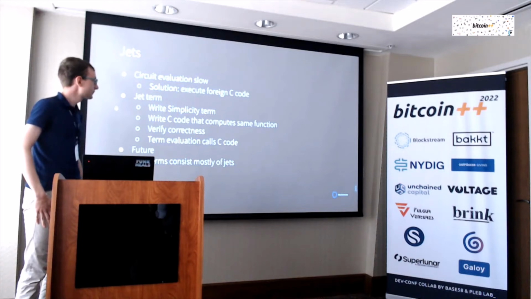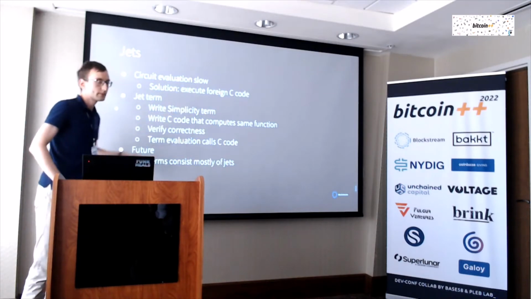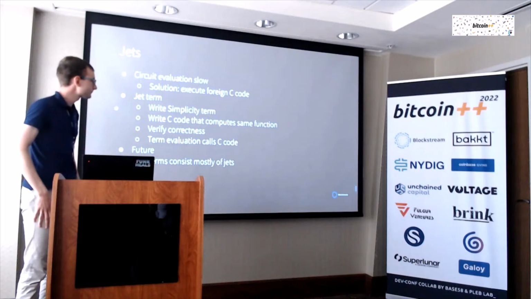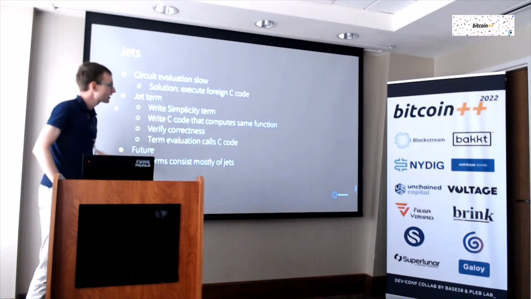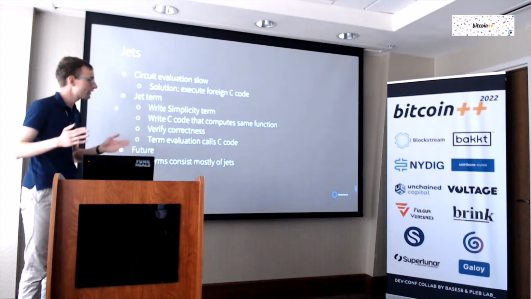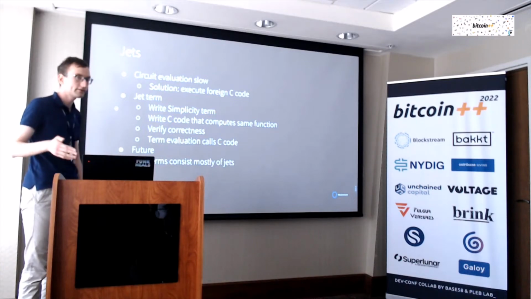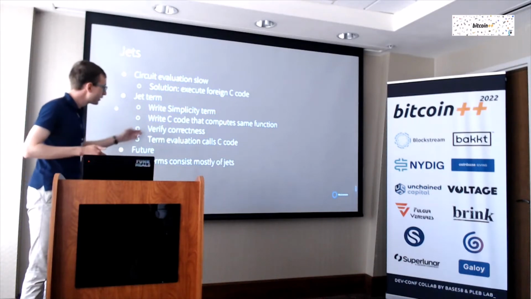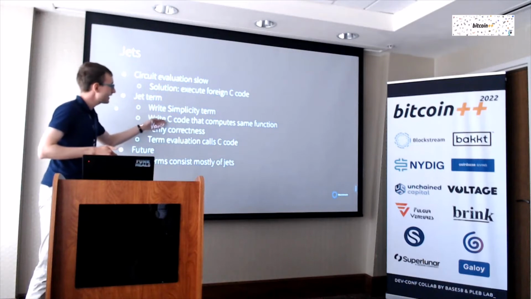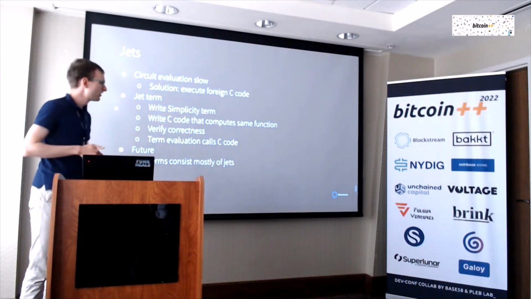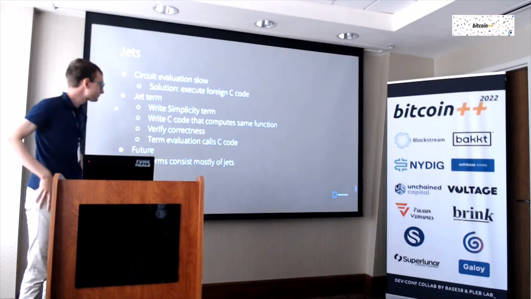What you can do is write a Simplicity term. Remember, a term is basically a program. You can write C code that does the same function, because remember, terms are functions from A to B. We can verify that this C code is actually the same as the Simplicity term using this verified toolchain and verified C and so on.